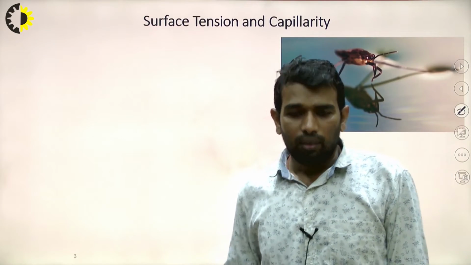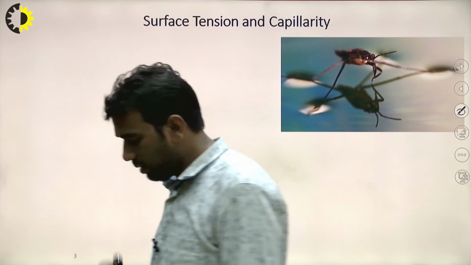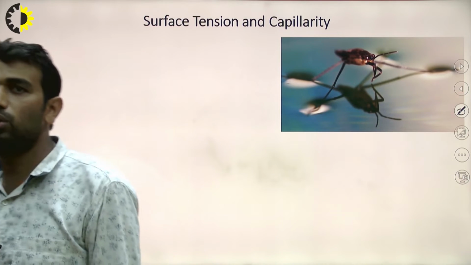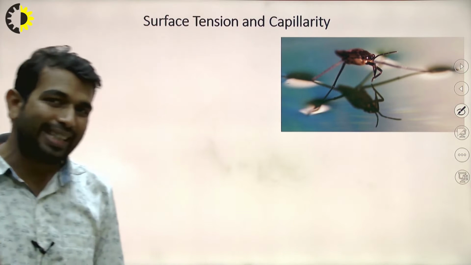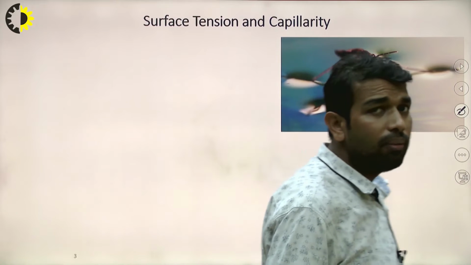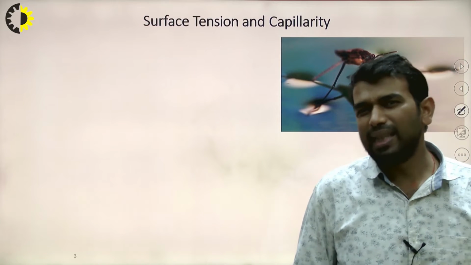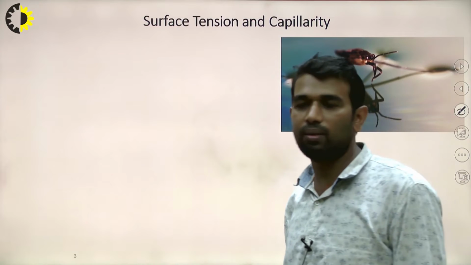If you see the next picture on the screen, these are examples of surface tension. Because the surface is stretched like a membrane and a tension is created on the surface, some insects can stand on the surface of the fluid.